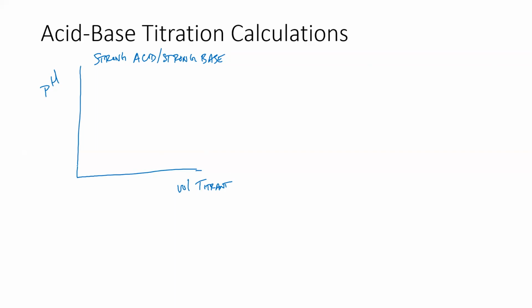And so we're measuring, if we have a strong acid as our analyte, we're going to have a curve that goes like this, a very sharp equivalence point, and then it sort of goes up like that.